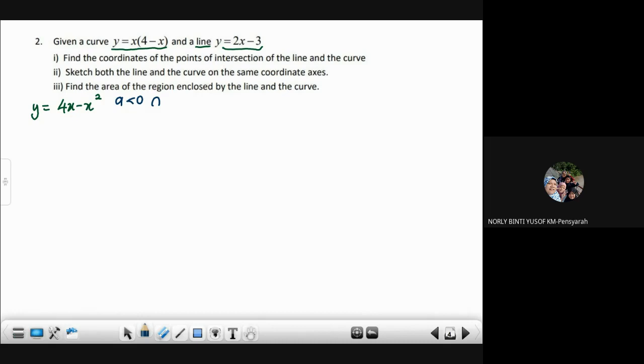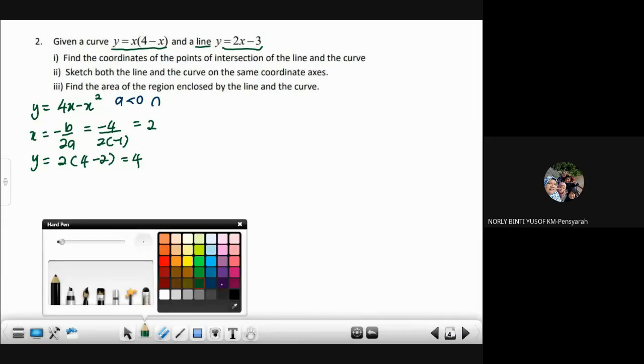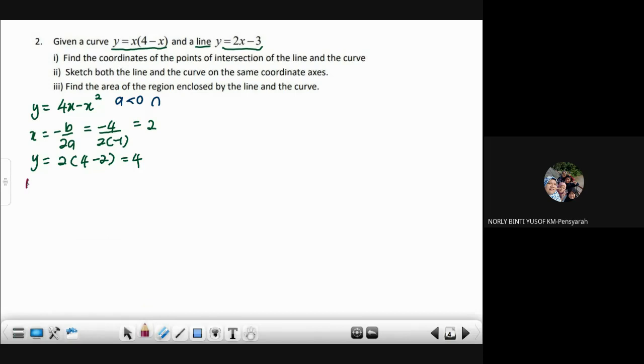And then kita carilah dia punya maximum point. So same, if you want to use calculator, boleh untuk scientific calculator. Dia akan keluar with the roots lah after that. So dapat x equals 2, then y is 4 minus 2 squared, so you got 4. So maximum point would be (2, 4). Okay, ini untuk graf yang pertama lah, curve.